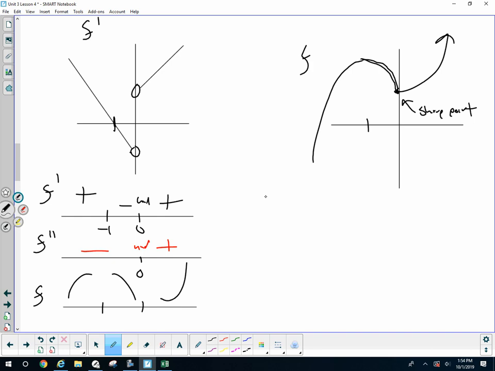So if I asked you when is f prime negative and decreasing, f prime is negative. Here it's decreasing there, so from negative 1 to 0.